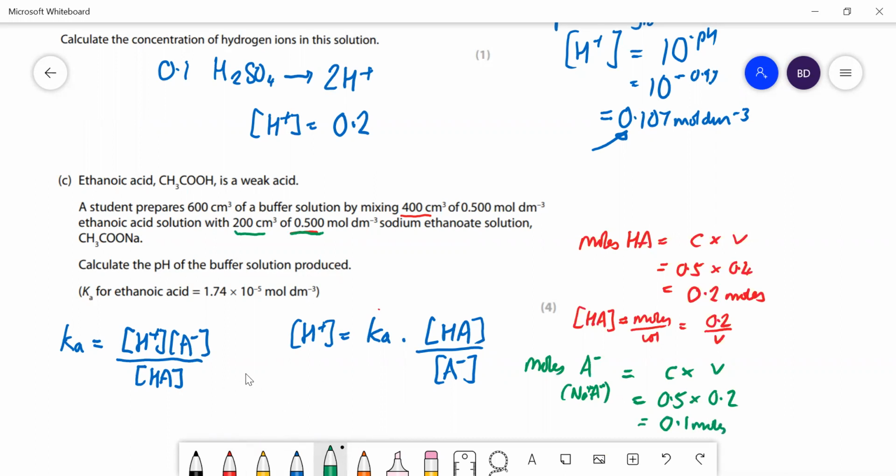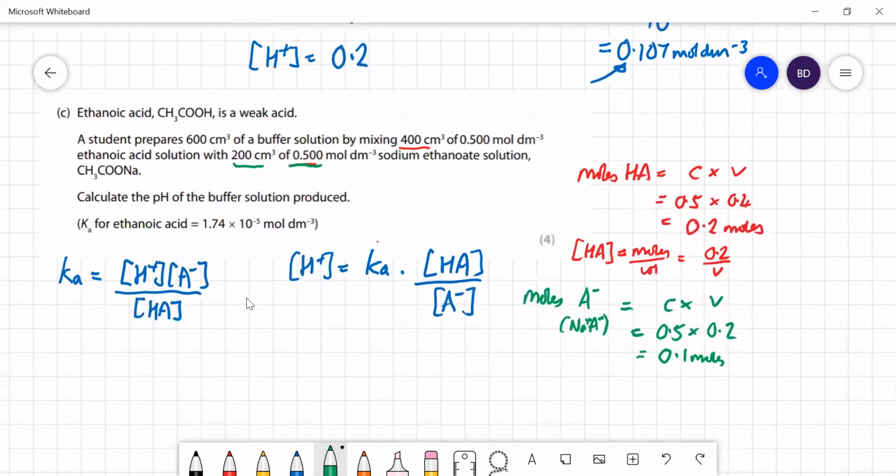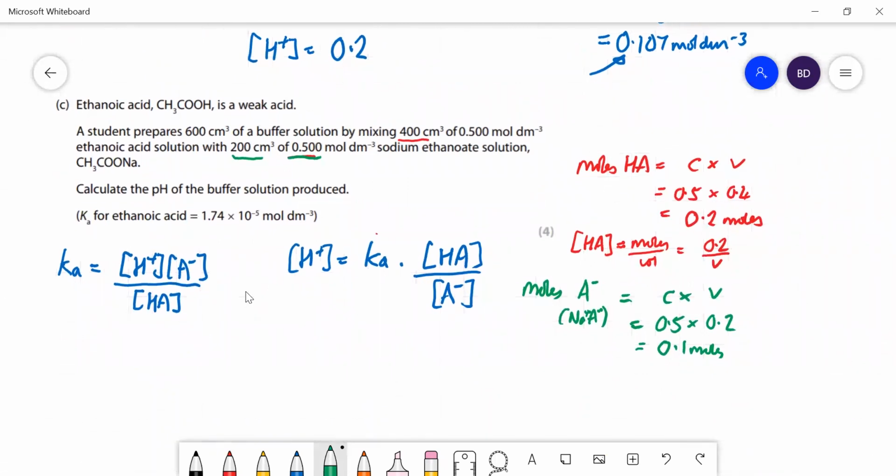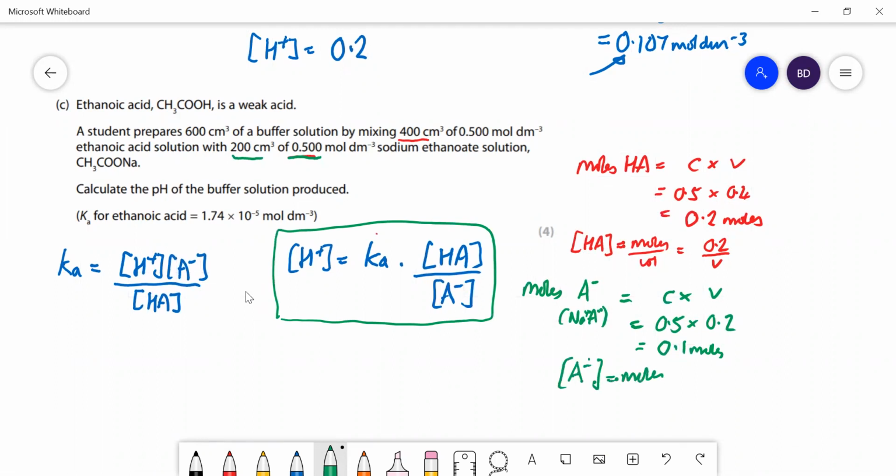Again, we don't put the number of moles into this equation, do we? We put the concentration. So the concentration of A minus is equal to moles over volume, which is 0.1 over V. Now those V's are going to cancel out, because it's the same volume, because they're both in the same mixture, aren't they?